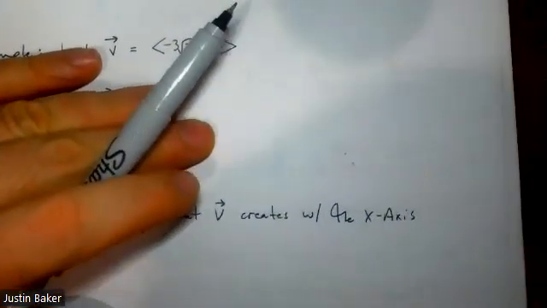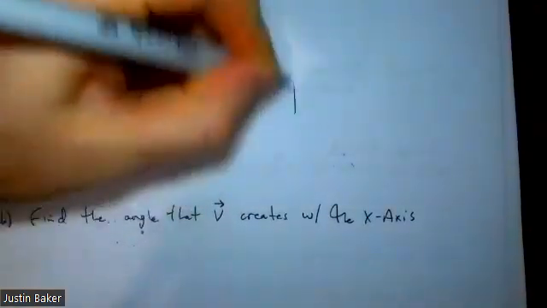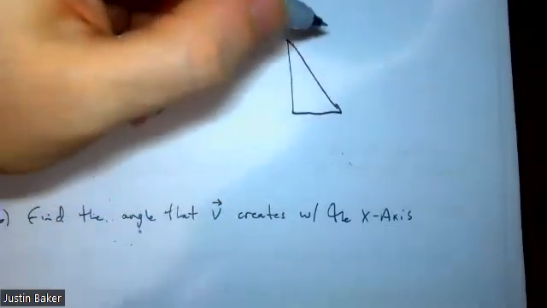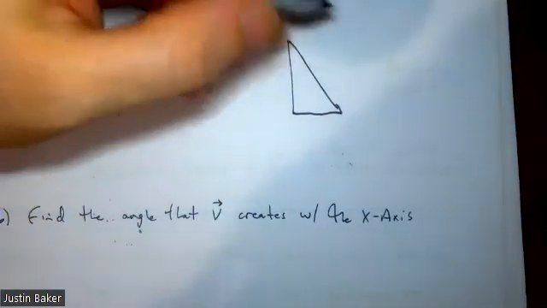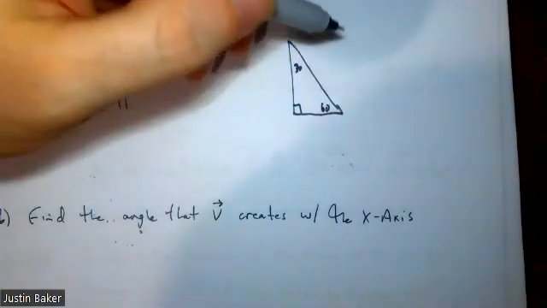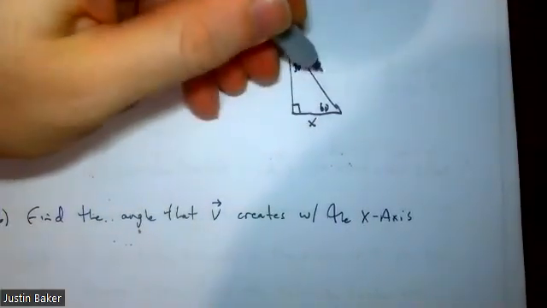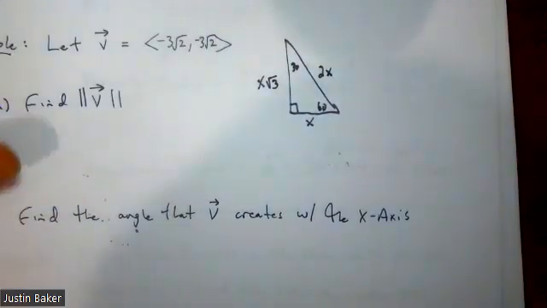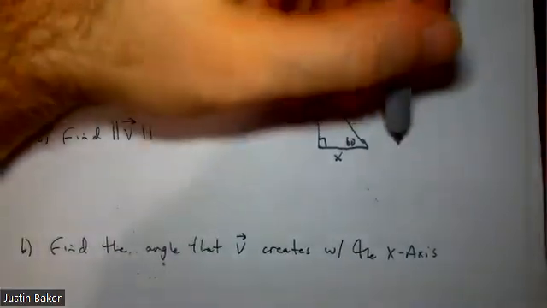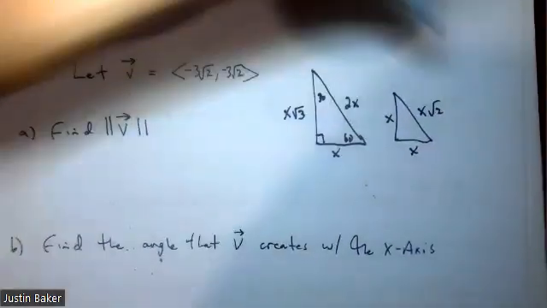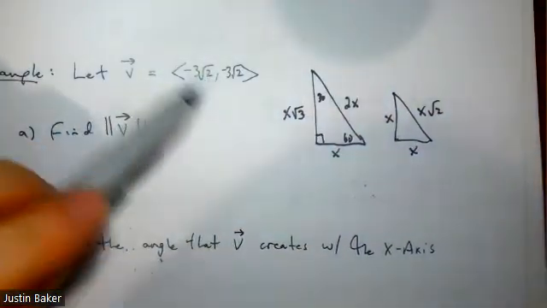And the only other pattern that you should be able to pick up on would be, what do we know about a 30, 60, 90 triangle? That formula goes x, 2x, x root 3. And the 45 one is x, x, x root 2. So currently you're getting the 45 pattern.